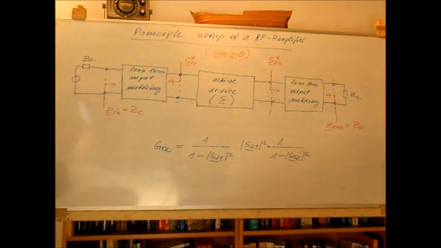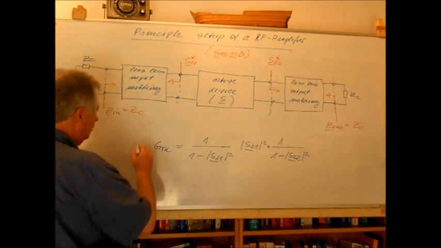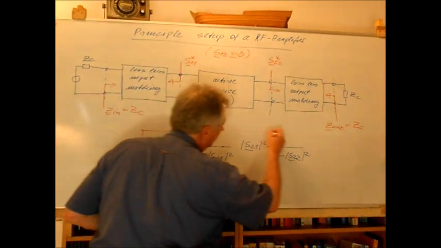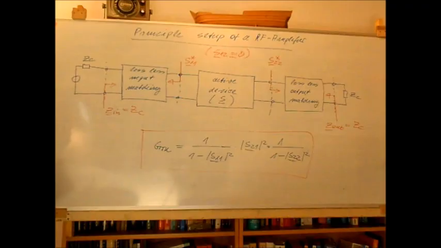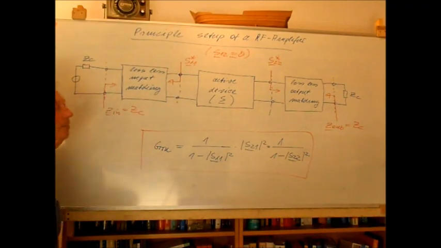So this will be, in case of a unilateral transistor, the power gain you can maximally reach with the help of this setup for the amplifier.